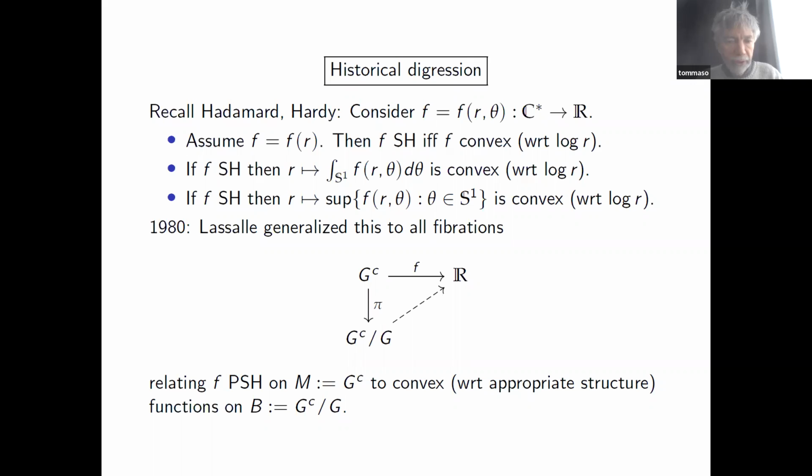You can quotient it by G to obtain a parameter space. And on that parameter space, there is some extra geometry, which you can use to talk about convex functions. And so he showed that the same relationships in terms of integrating functions or taking the supremum of functions occur in this very general context.